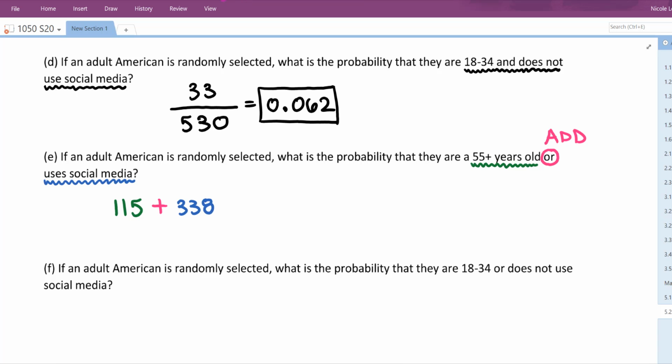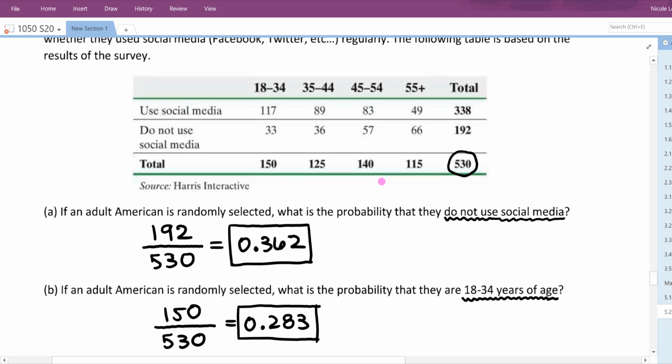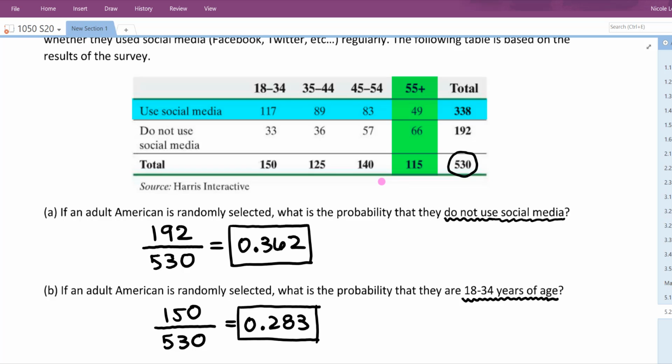Let's look back to see if we should subtract anything that we double counted. Looking back at the table, you can see there was a number that we double counted: where our two groups overlapped. We double counted these 49 people.